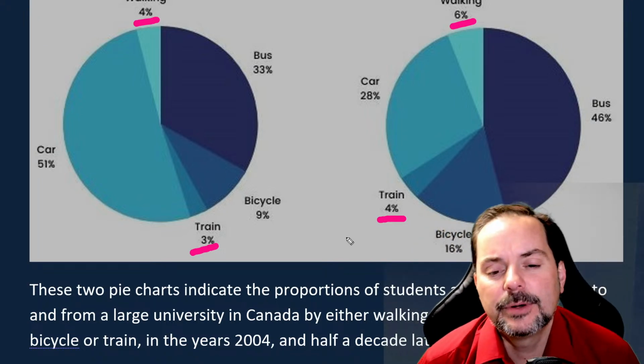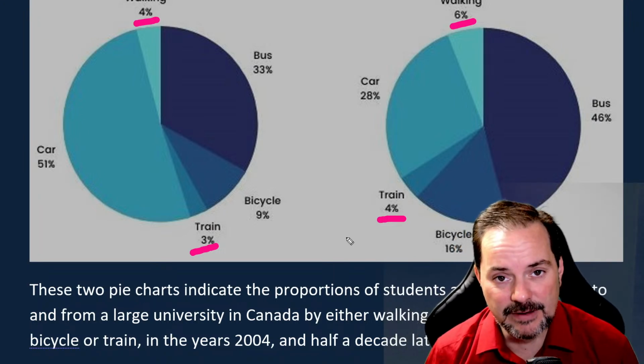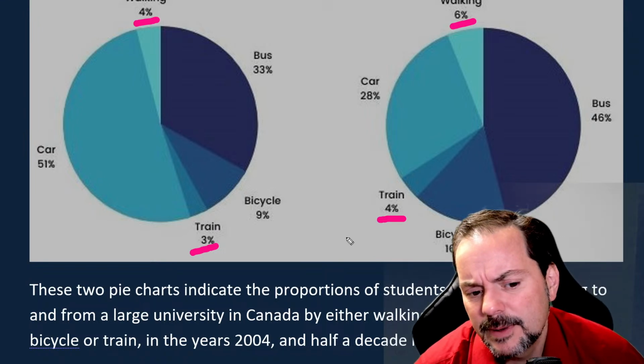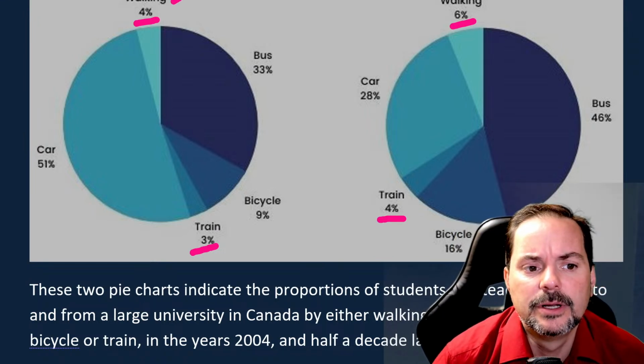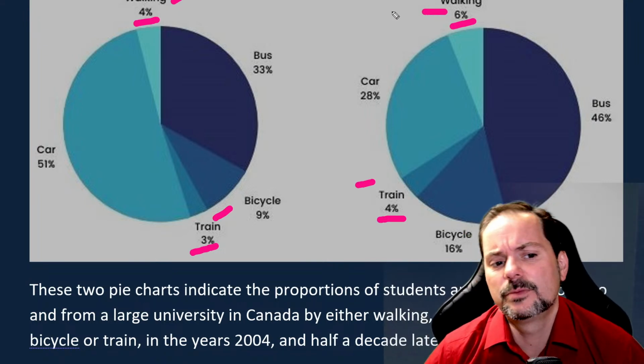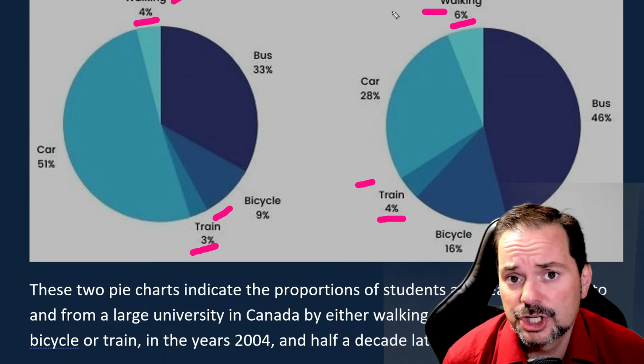Now here, if I were sitting the official IELTS exam and I want to get a band 9, I would not spend a lot of time talking about walking and trains, because they just really don't make up much of this pie. They're not a significant portion.